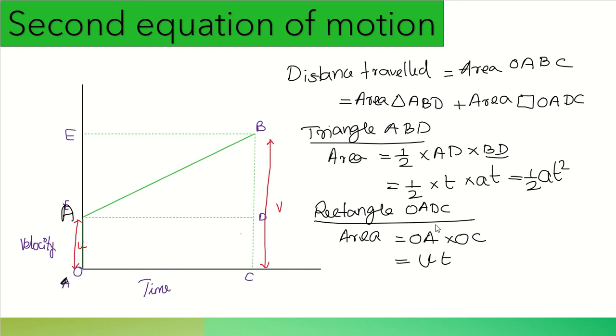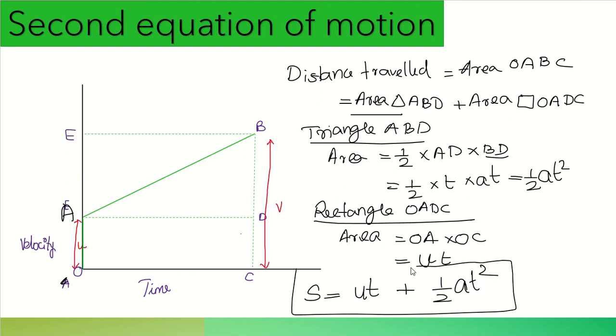So the distance traveled s is equal to the area of the triangle ABD plus the area of the rectangle OADC. That means the rectangle OADC area is ut plus the area of the triangle, half a t square. Very simple, right? Very simple.